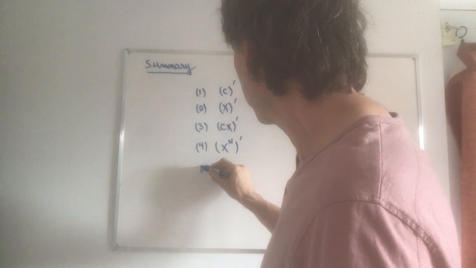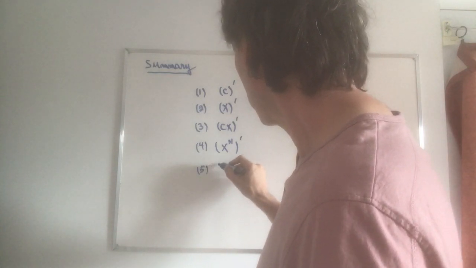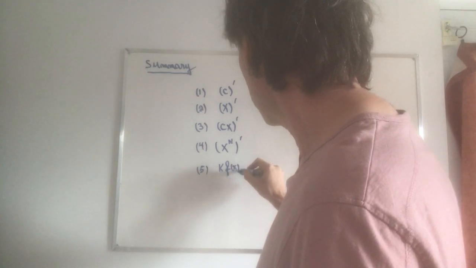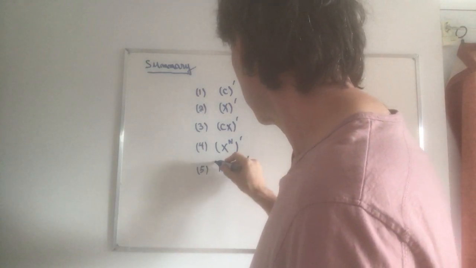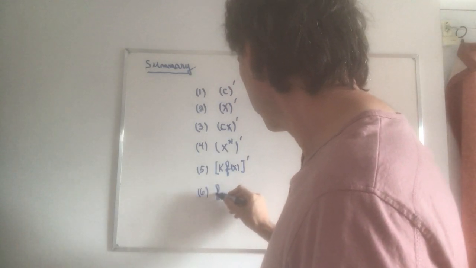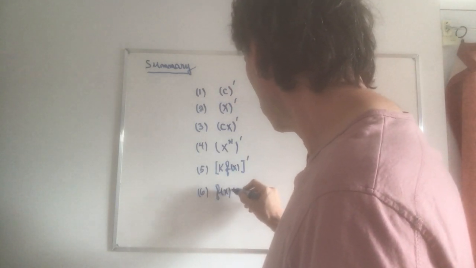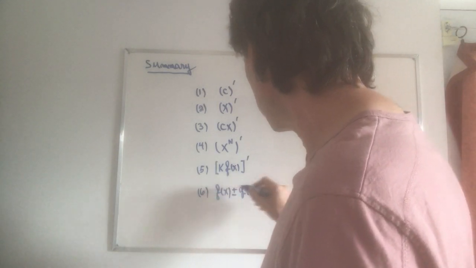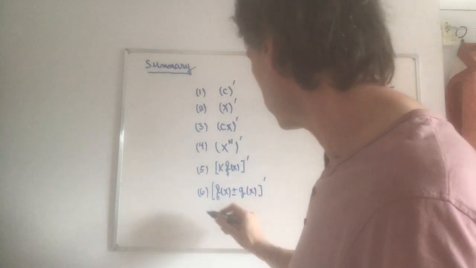So 5, we have k times f of x. And then we have f plus or minus g, my good old addition or subtraction rule.